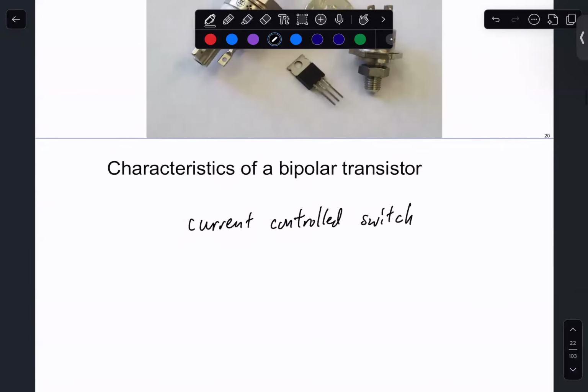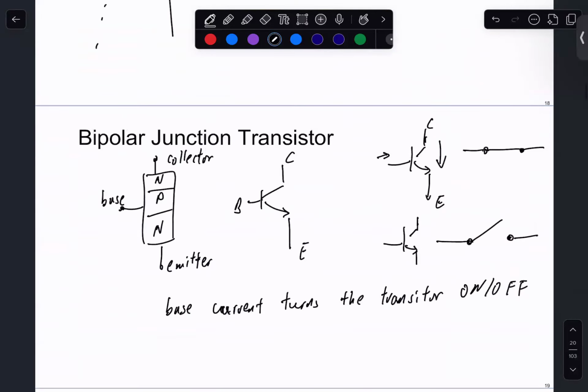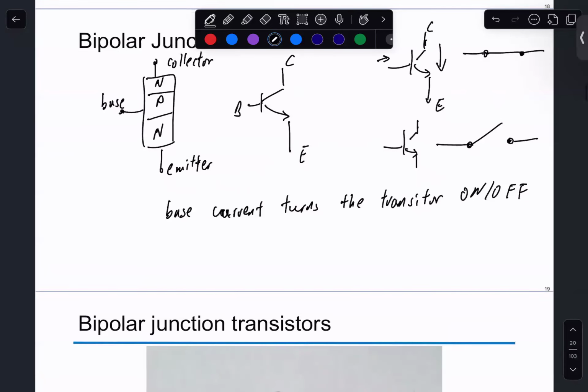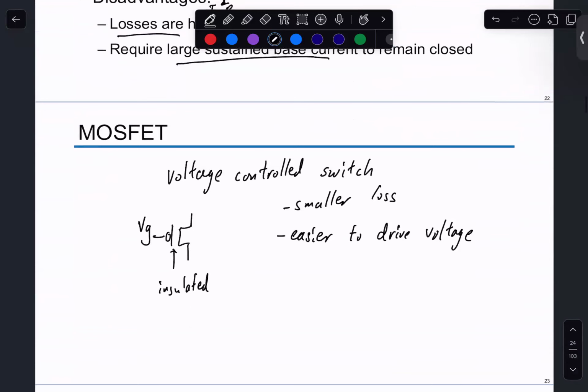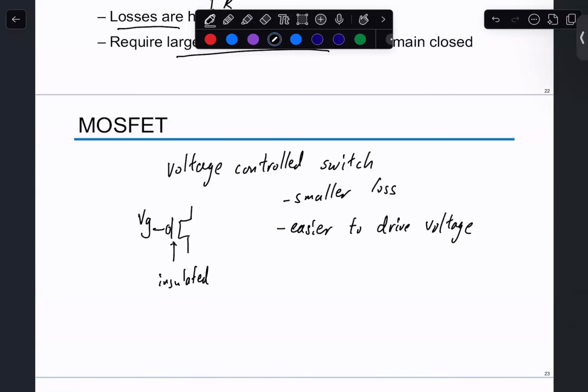Whereas with a bipolar transistor, because you're driving it using a current at the base, the control circuit needs to apply some power. For a MOSFET, we can do it with a digital control circuit. In the past, MOSFETs were not as robust as bipolar, but nowadays I think most power electronics use MOSFET devices, and these can switch at very high frequencies.